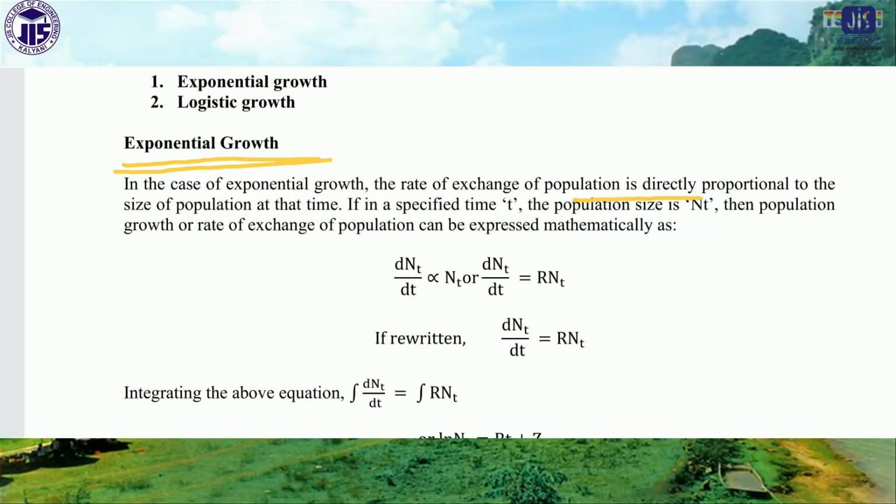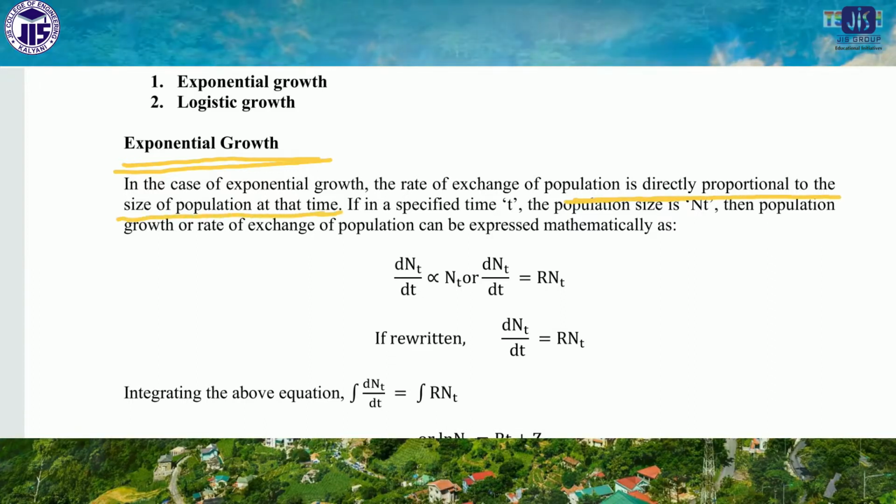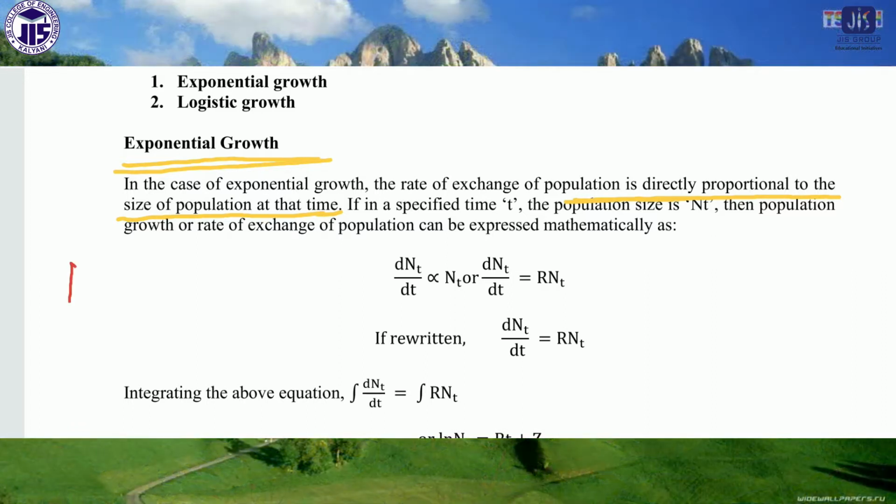According to the exponential growth model, the population growth is directly proportional to the size of the population at that time. Suppose the population of a particular place is N(t) at any time t.